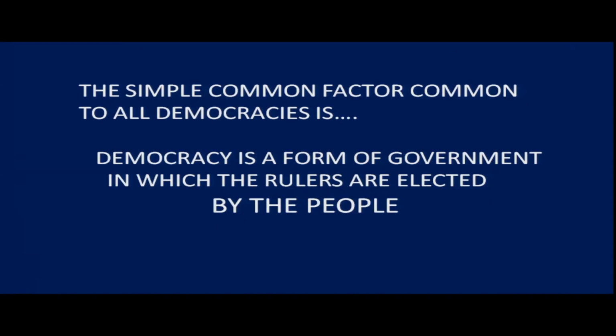But we must remember that the common factor that is there in all democracies is that it is a form of government in which the rulers are elected by the people. But this is again not enough.